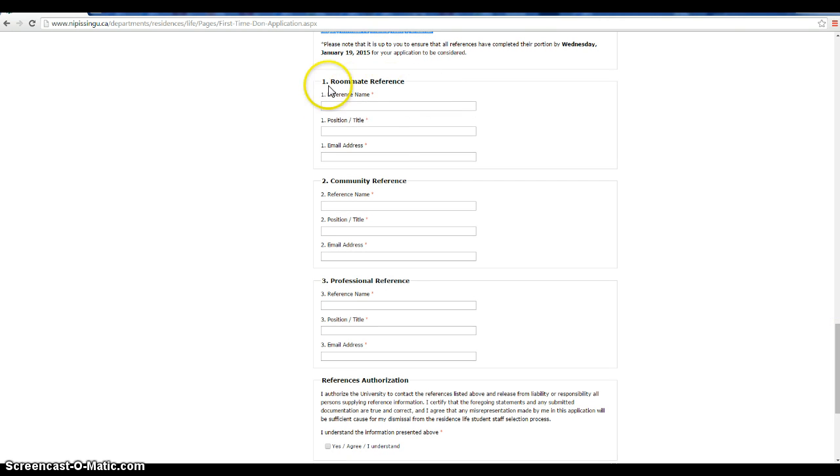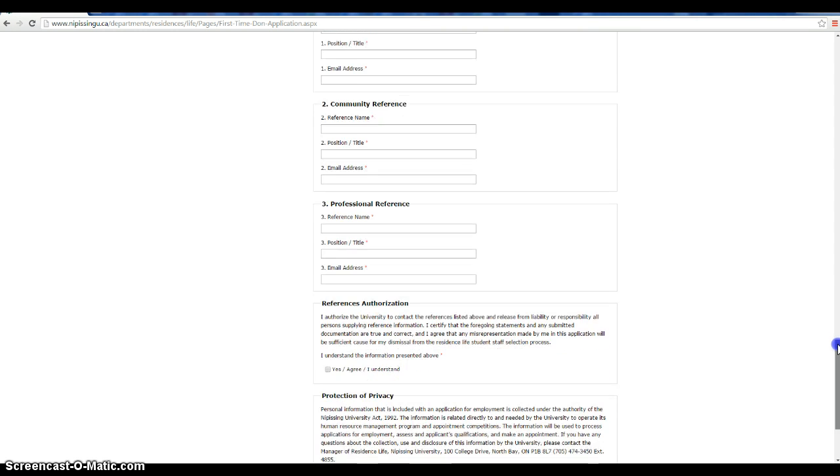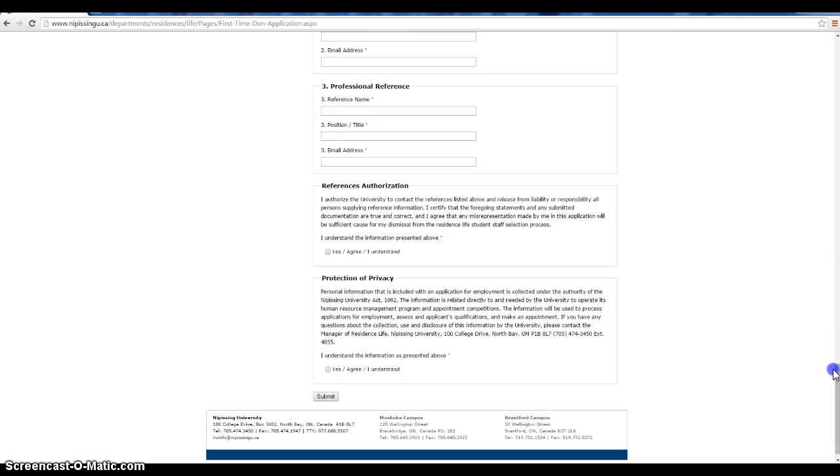Below, you will highlight who these references are, their name, what their relationship is to you, and their contact information, just in case we need to follow up for some clarification.